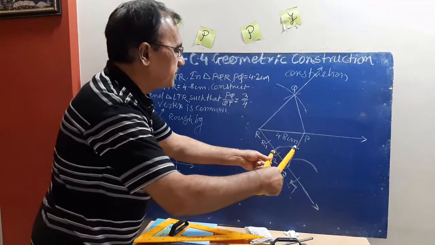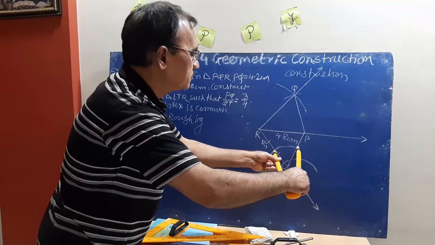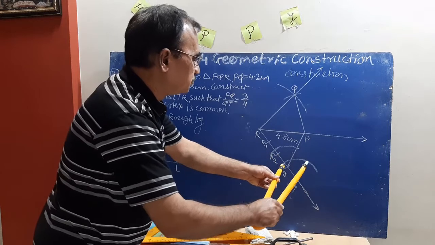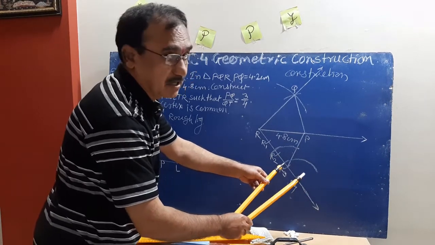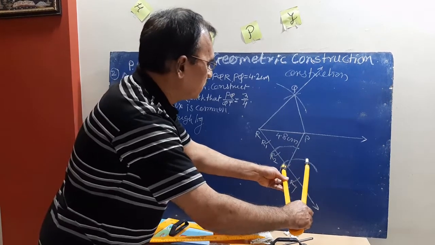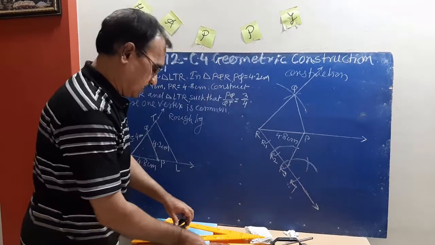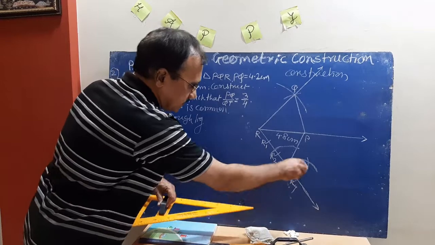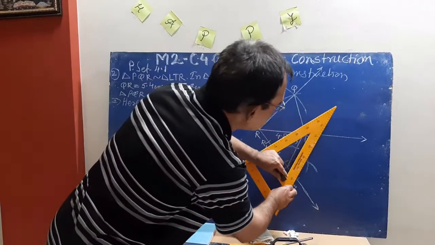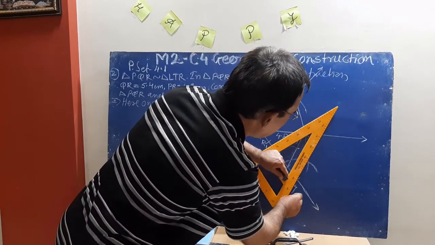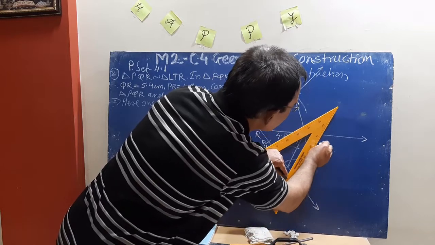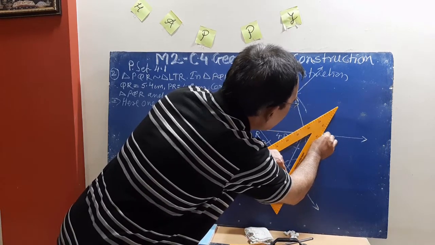Then take the distance between these 2 points. Put the pointer here, see carefully, and draw an arc which intersects the first arc. Then join these 2 points. This is parallel to PR3. This is the construction of a parallel line.